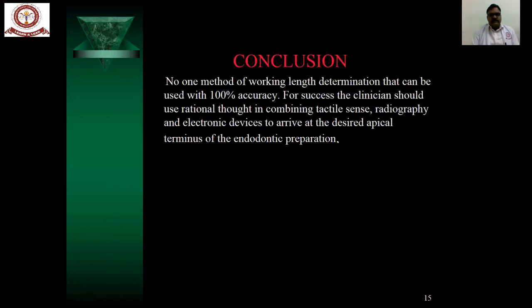So to conclude, no one method of working length determination can be used with 100% accuracy. For success, the clinician should use rational thought in combining tactile sense, radiographic, and electronic devices to arrive at the desired apical terminus of endodontic preparation.